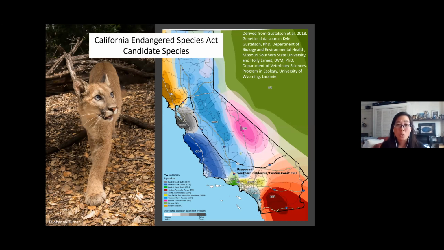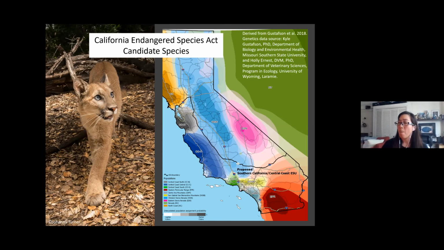In June, we submitted a petition to list these mountain lions as threatened under the California Endangered Species Act. Right now, they're being considered, and so they're now candidate species under the California Endangered Species Act, or CESA for short. My plan is to talk to you a little bit about that and what that means.